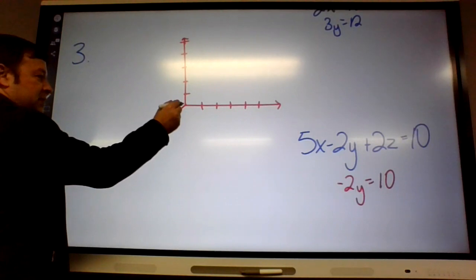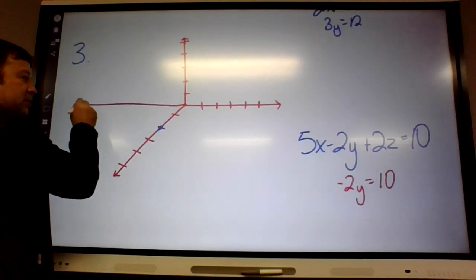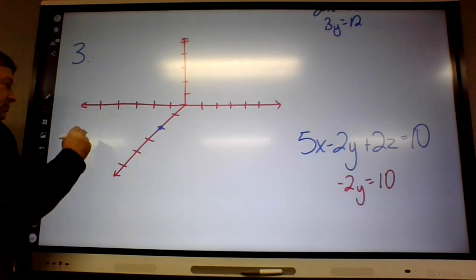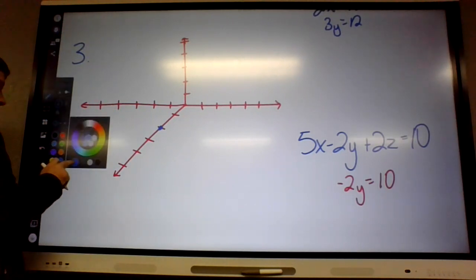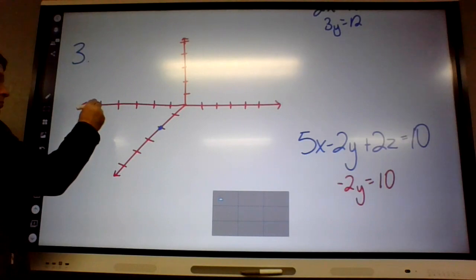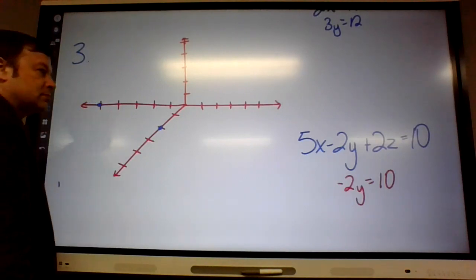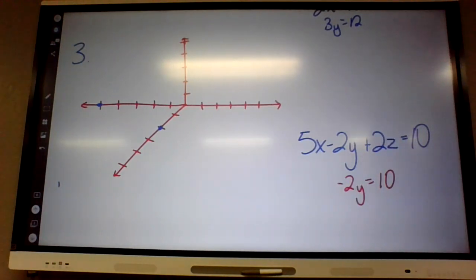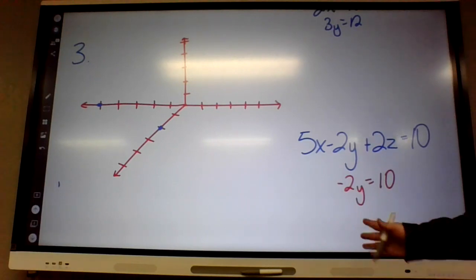So that would be this way. 1, 2, 3, 4, 5. Your picture is supposed to look kind of like a corner of a room. I don't know if you can visualize it. So I guess this would be like the next room over.